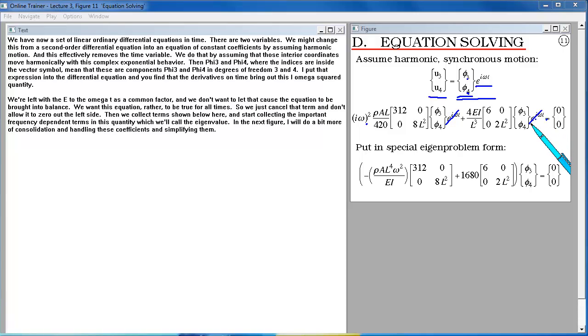So we just cancel that term and don't allow it to zero out the left side. Then we collect terms shown below here and start collecting the important frequency-dependent terms in this quantity, which we'll call the eigenvalue. In the next figure, I will do a bit more of consolidation and handling these coefficients and simplifying them.